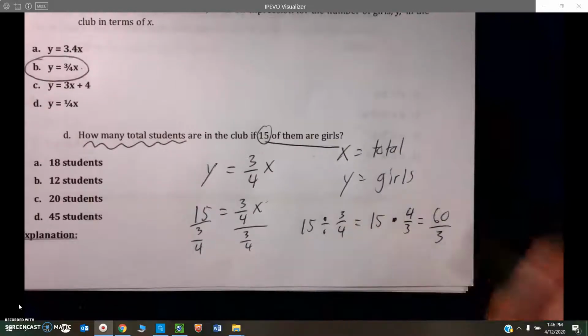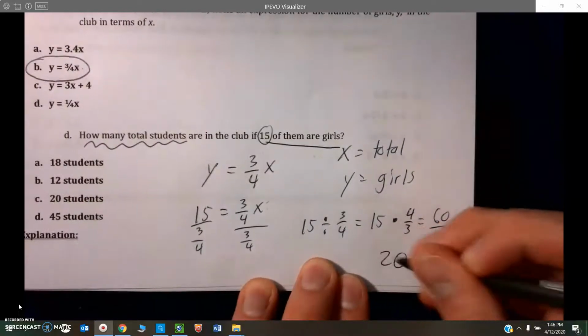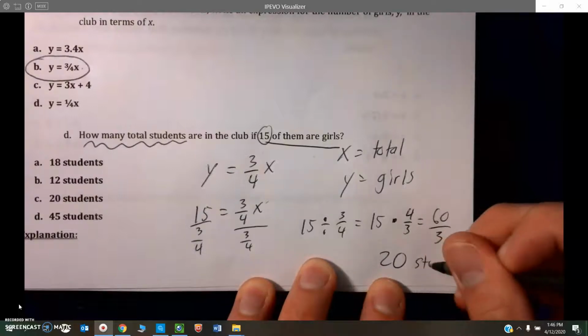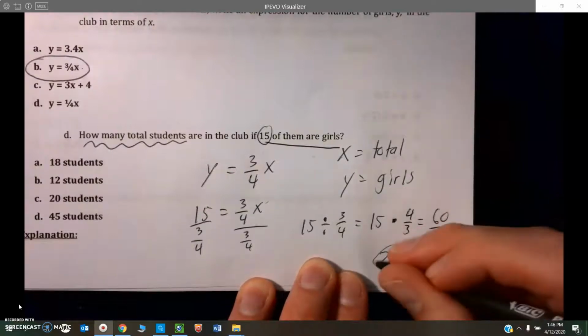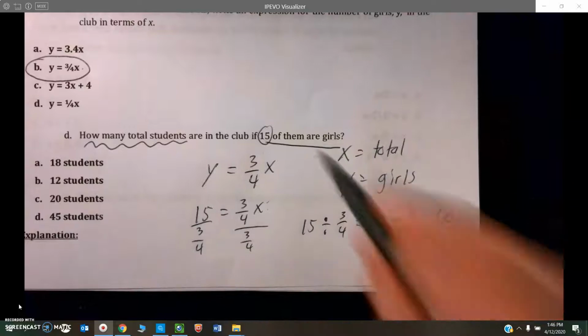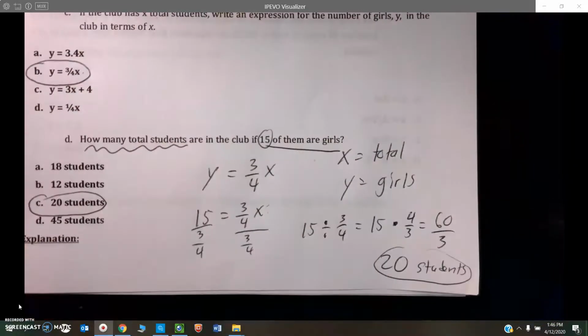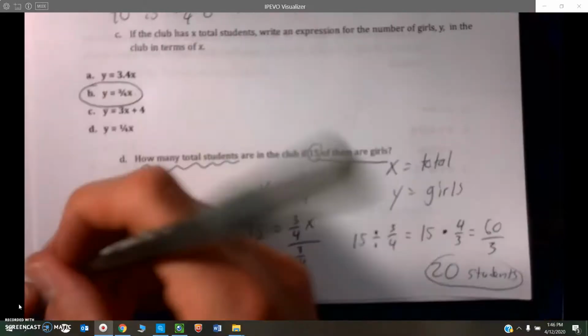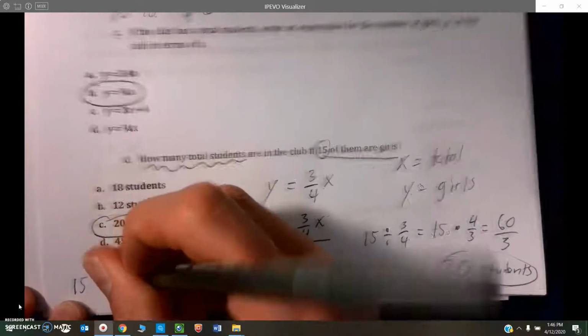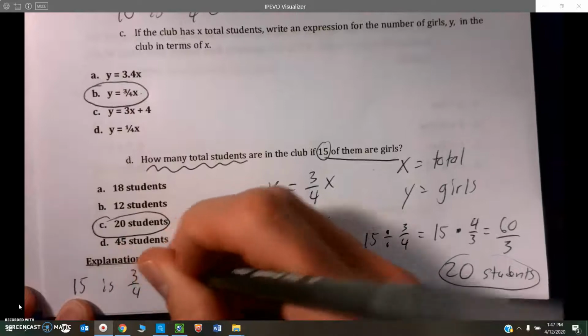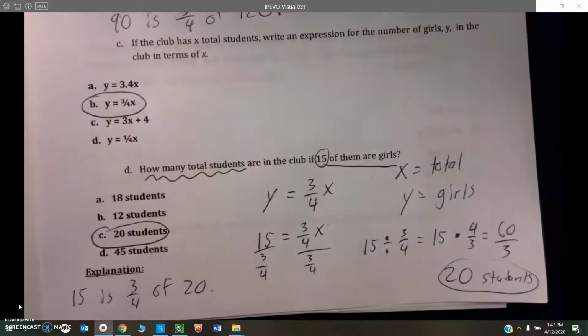And fractions are division. 60 over 3 would simplify to 20 students. So if there were 15 girls in the club, that must mean that there were 20 students in total. Why? Because 15 is 3/4 of 20. And girls make up 3/4 of the club. So if there's 15 of them, then there must have been 20 students in total.